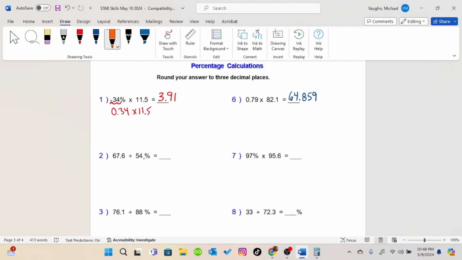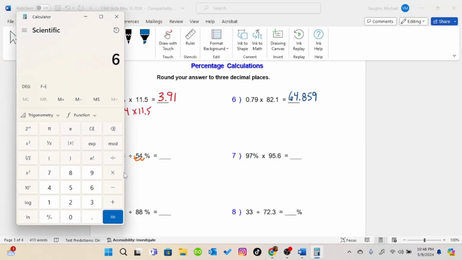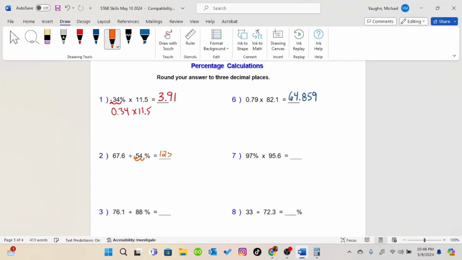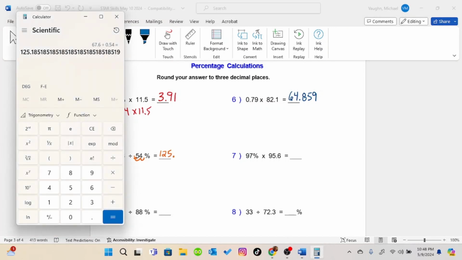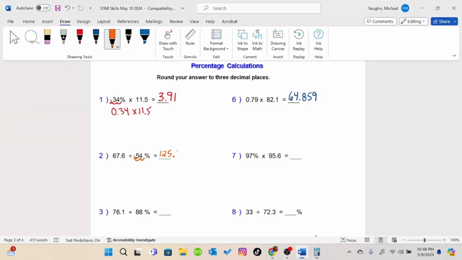To change this to a decimal, move the decimal point 2 spots to the left. Now we have 67.6 divided by 0.54. And if we round to 3 decimal places, this is 125.185.